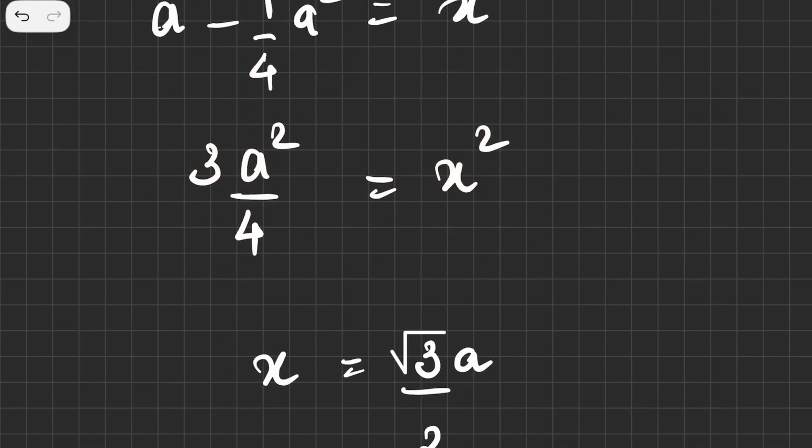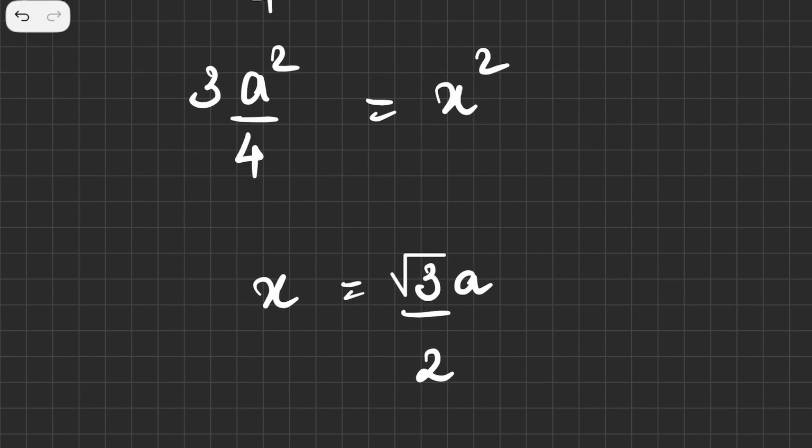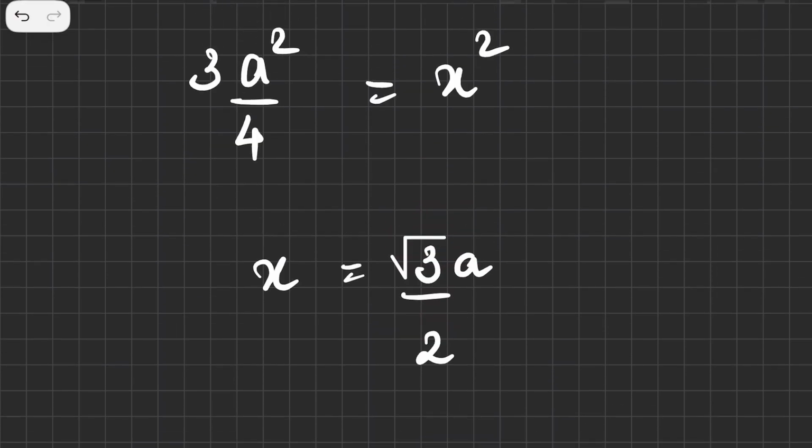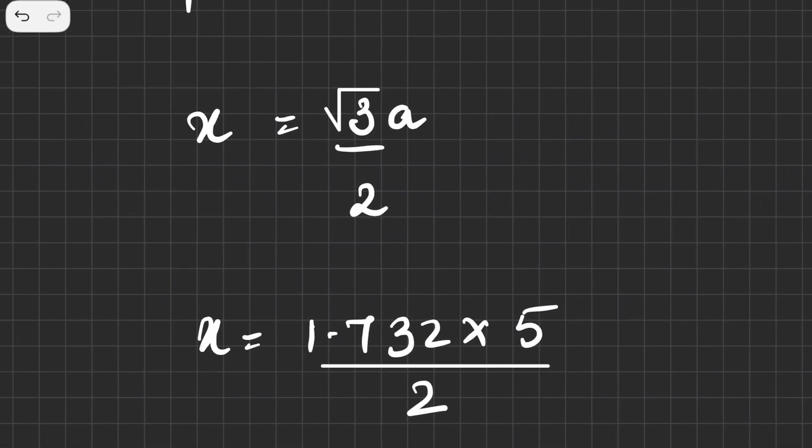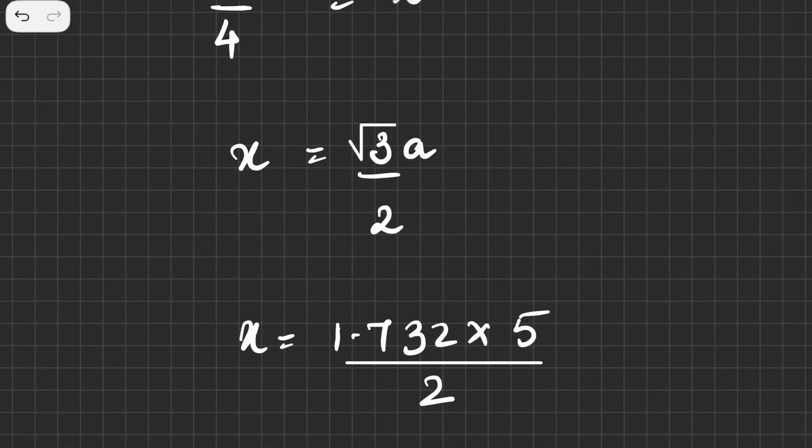To find x, you take the root of everything. Root of 4 will be 2, the a square and root get cancelled, and root 3 we can't help, so what remains is x equal to root 3 a by 2. Now I can solve this by putting the value of root 3 as 1.732. In case you remember this value, it's good.